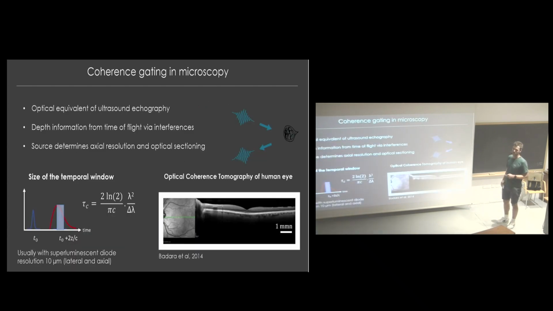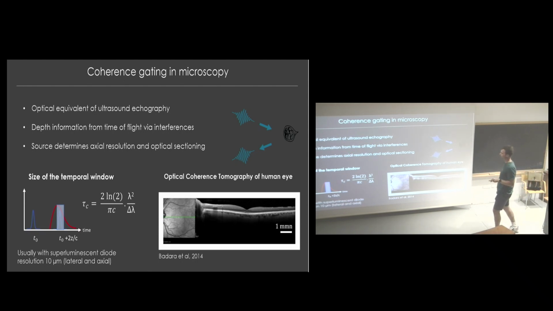This is the optical equivalent of ultrasound echography, where you just send a pulse to a medium and you measure an echo. Here, you get the depth information from the time of flight, as in ultrasound echography. But here, the source is quite important, because it gives you the ability to do optical sectioning to reject multiple scattering light, but also it gives you the axial resolution of your system.